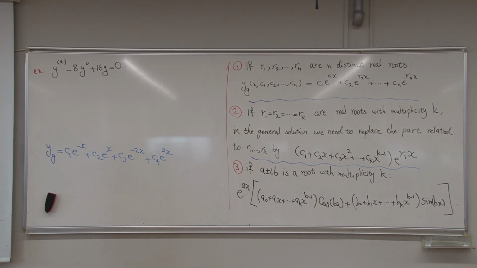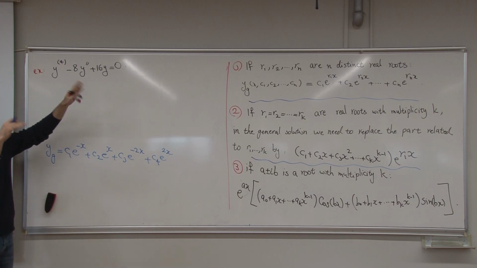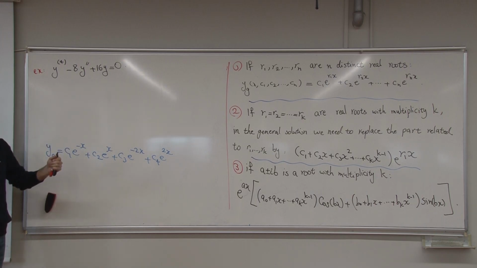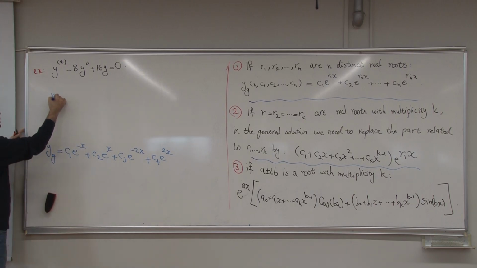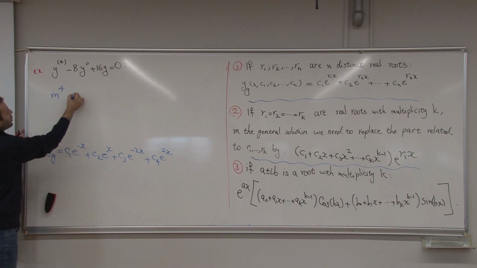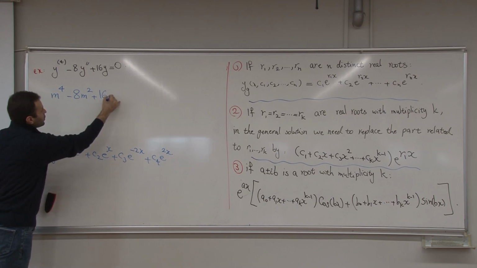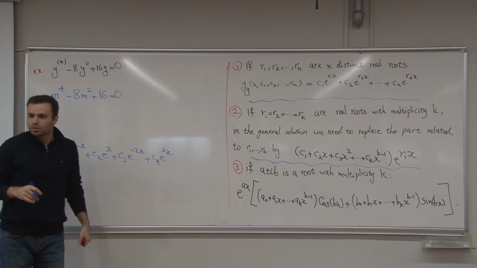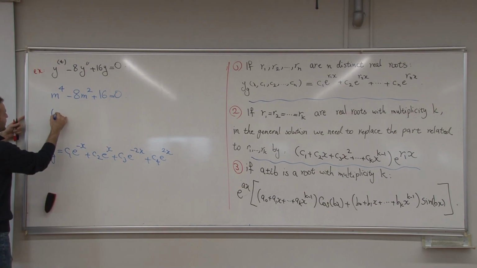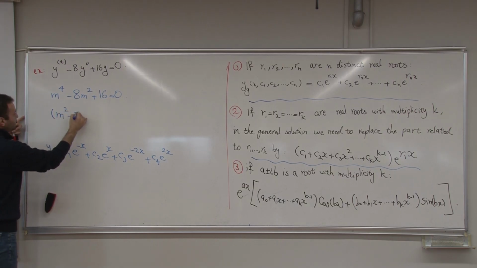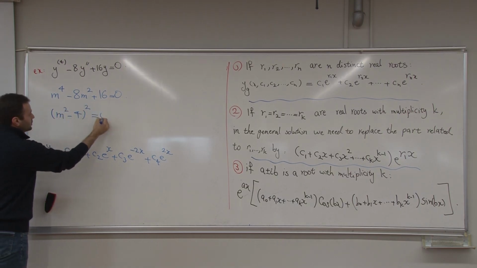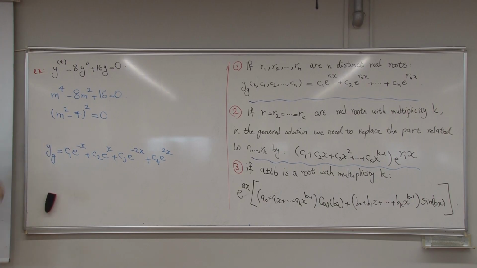First of all, what is the characteristic equation of this homogeneous linear differential equation with constant coefficients? m to the power of 4 minus 8 m squared plus 16. Can you please find the roots? How can we make this simplified?